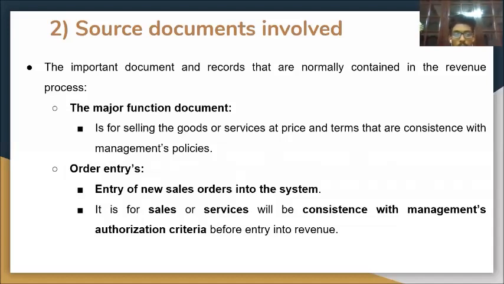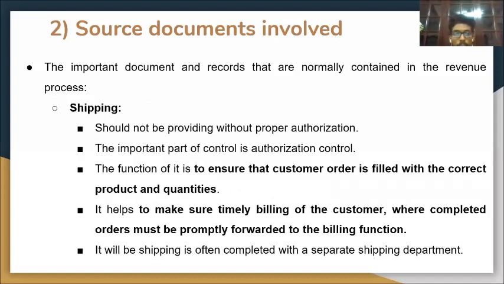It is for sales or services that are consistent with management authorization criteria before entry into the revenue process. The shipping document should not be provided without proper authorization. The important part of the control is authorization control.